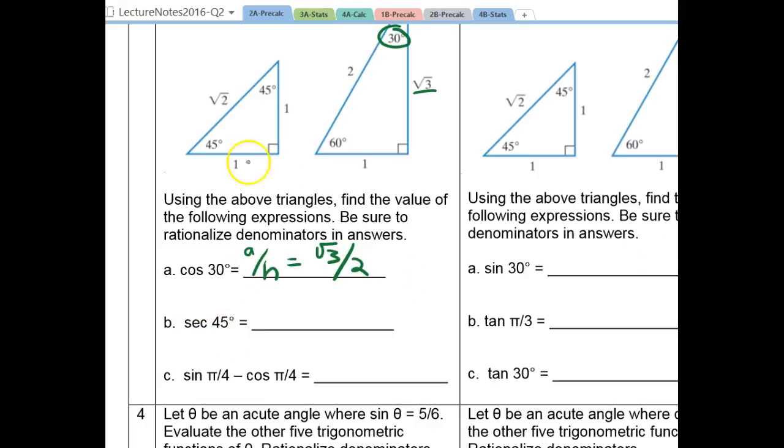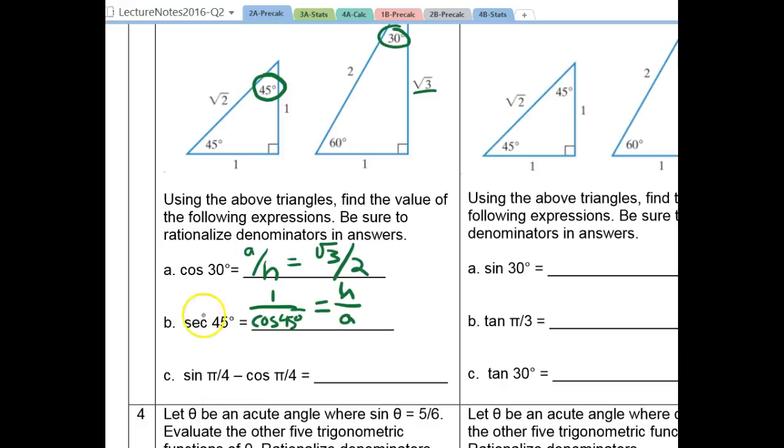Now, when I go to secant 45, my thought process is, okay, there's my 45-degree angle. Now, I do know that secant is the opposite of cosine, right? And so I'm going to write that down. It's 1 over cosine of 45 degrees. Now, I know cosine is adjacent over hypotenuse, so that means that secant is going to be hypotenuse over adjacent, because it's the inverse.